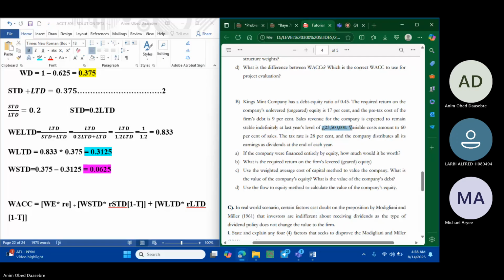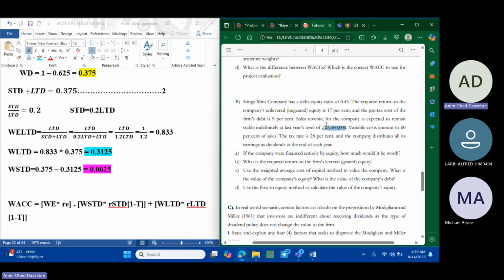So it's the sales value. 60% of the sales revenue is variable cost. Do you get it? If it is 100%, 60% is variable cost.